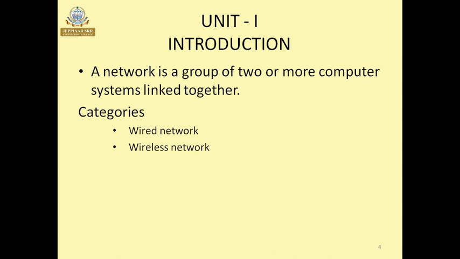It can be connected with a LAN cable, a local area network cable, and there are many types of LAN cables. Data can be transferred using optical fiber cable, and at the end it can be converted and connected to a computer system with the help of a local area network cable.